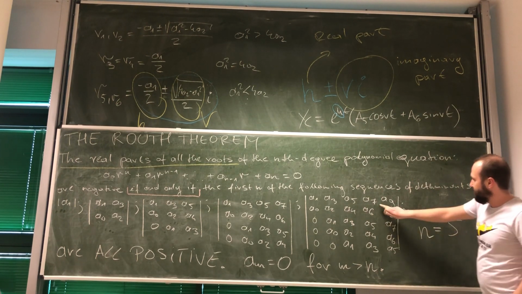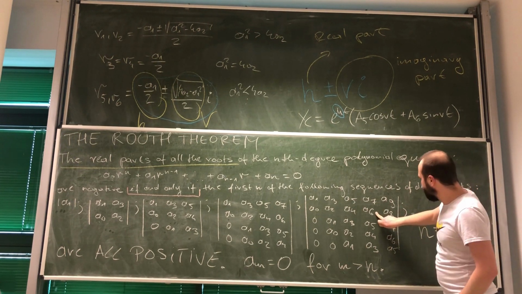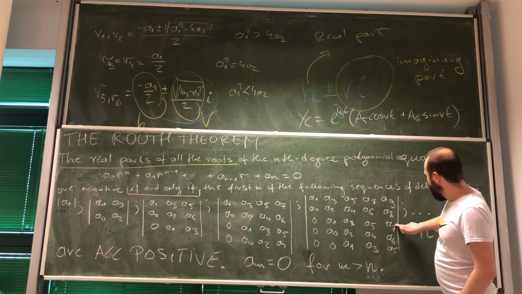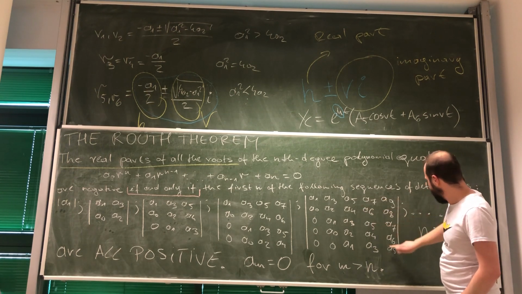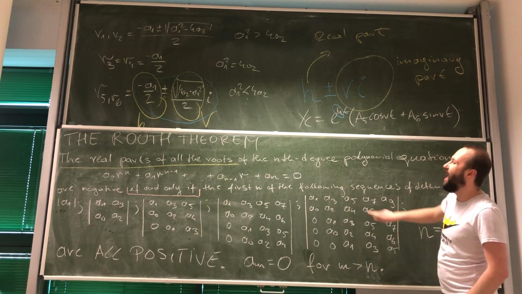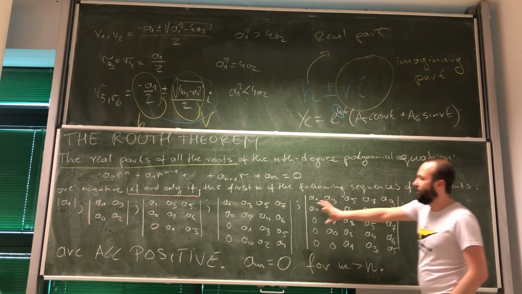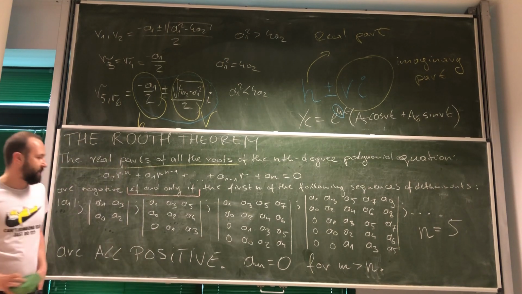Here, m over here is bigger than n. So instead of A6, I will write 0, A7, 0, A9, 0, 0, 0, 0, and only elements with A5 would be the last to enter over here, and the rest we would fill with zeros. Everything above n equals 5.